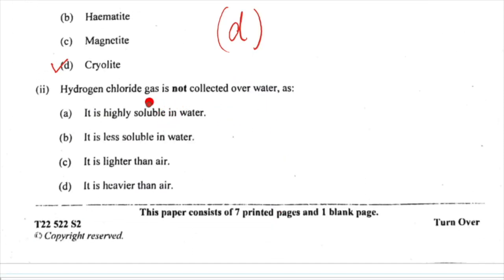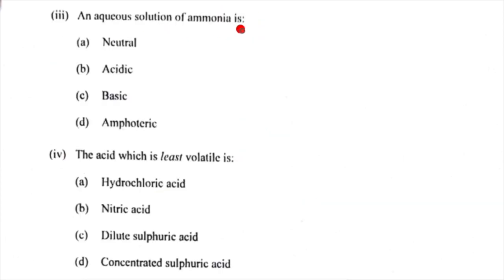The second one, hydrogen chloride gas is not collected over water. Why? It is highly soluble in water. It is less soluble in water, lighter than air. Not at all. These are not the correct one, this is. So the correct option here is A. An aqueous solution of ammonia is NH4OH, and this NH4OH has this which is imparting basic nature.